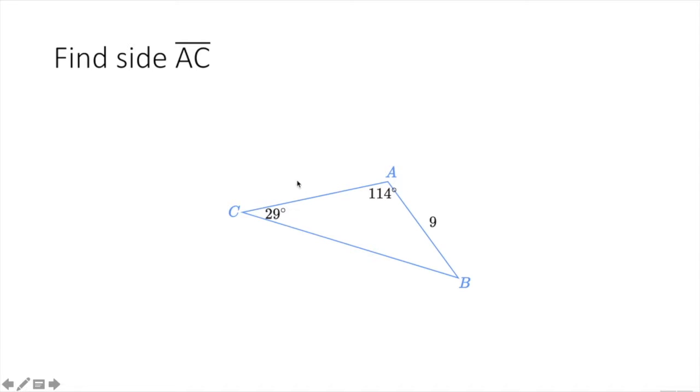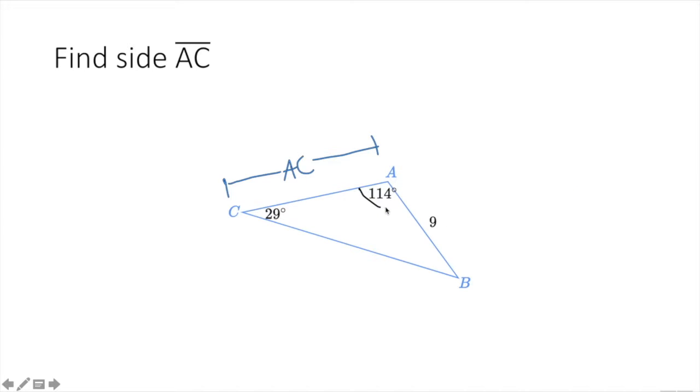All right, so we are looking for side AC, from point A to point C. What we have here is some stuff that's known.